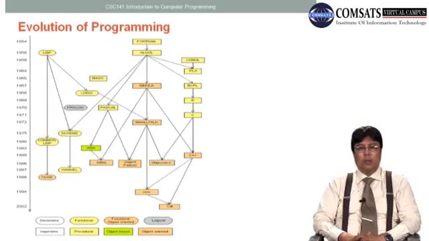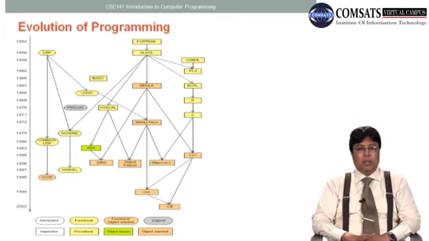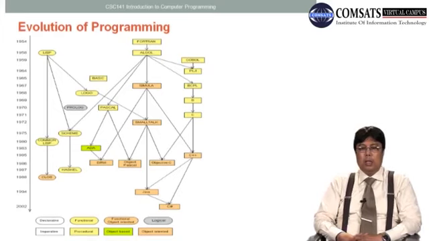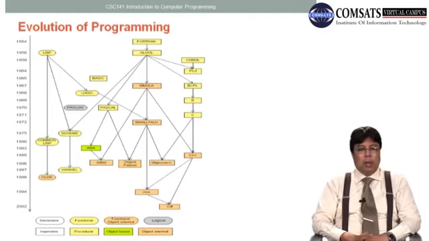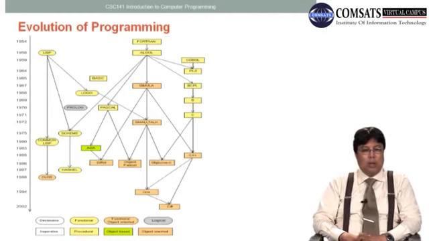It started at Fortran, which later developed into Algol. So you can see the development of different languages. Algol produced multiple languages. We combined the features of multiple languages to produce a new language.